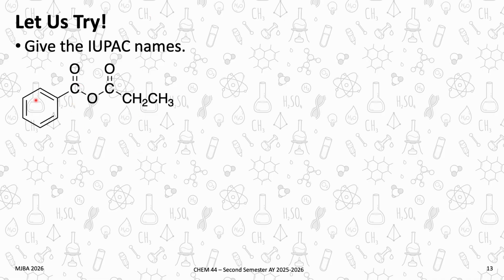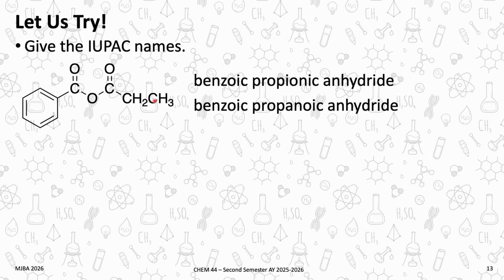This group is the benzoic, and then a 3-carbon carboxylic acid is propanoic or propionic. So the name of this is benzoic propionic anhydride.